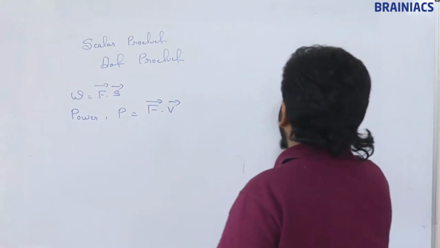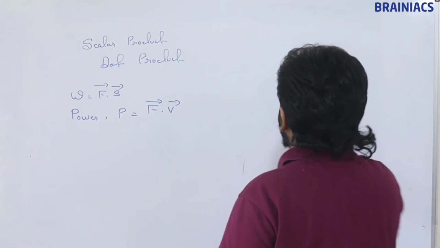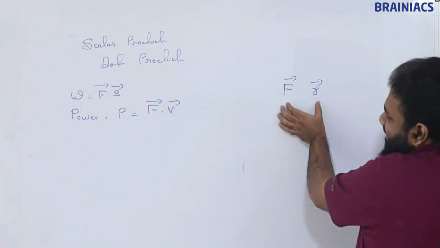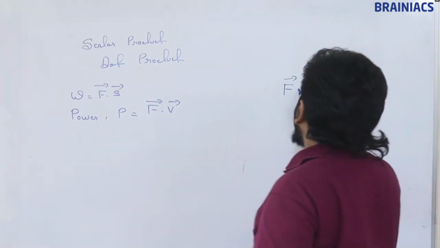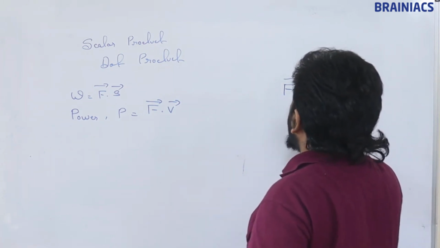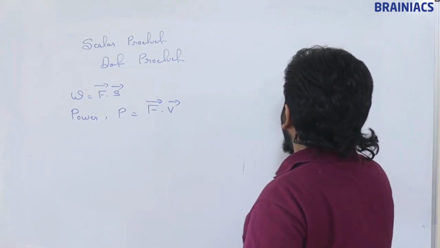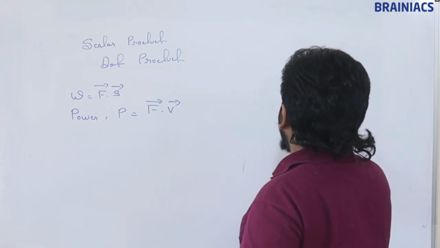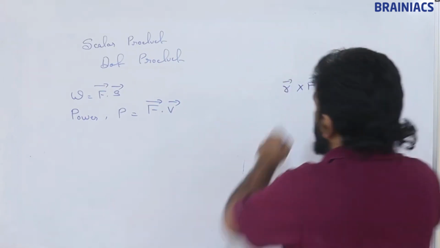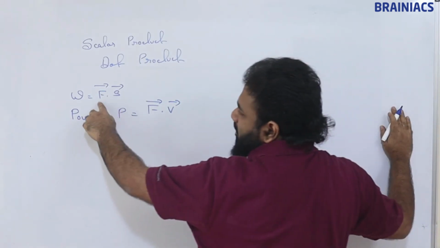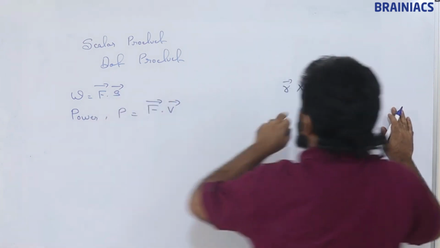Another case is force and displacement, or we can say a distance, when we are doing cross product. So here we will have to write R cross F. This is also a distance, this is also a force, the same way.